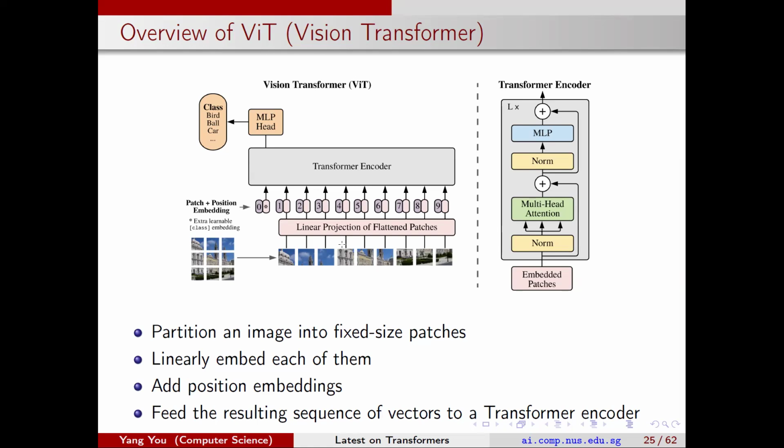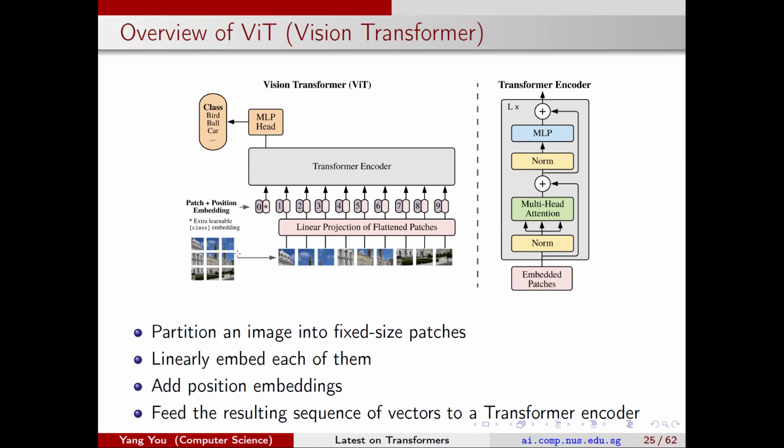Here, the idea is very straightforward. How about we just partition the image into different patches? For each patch, we use a linear projection to convert it to a token.